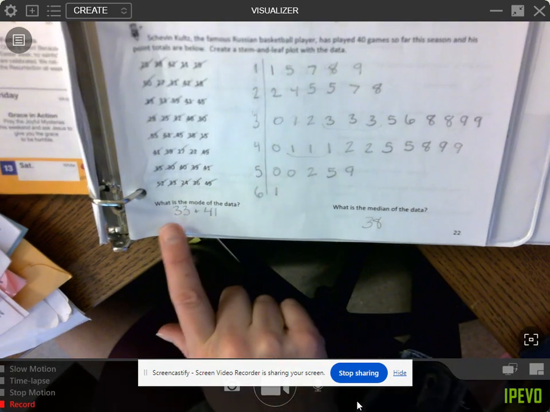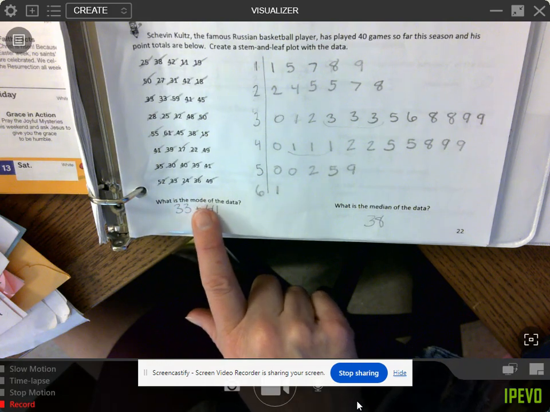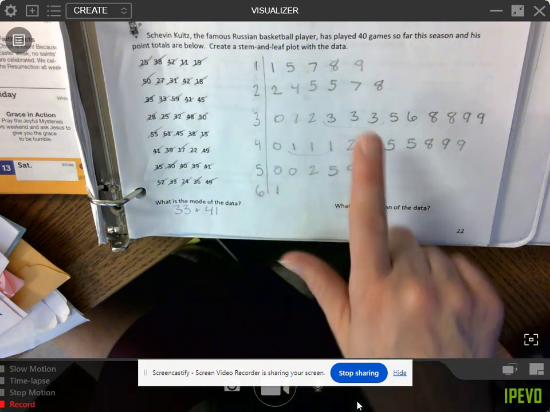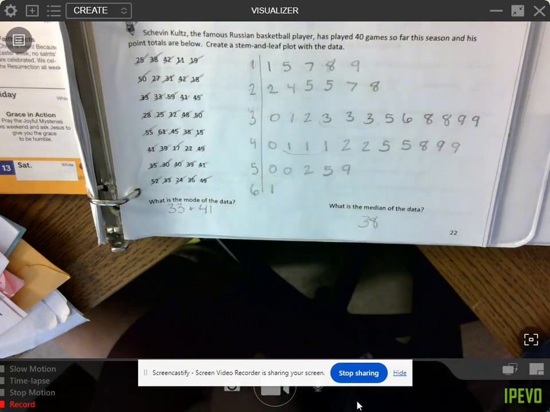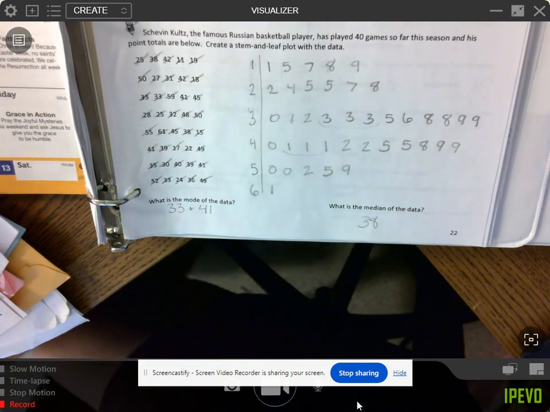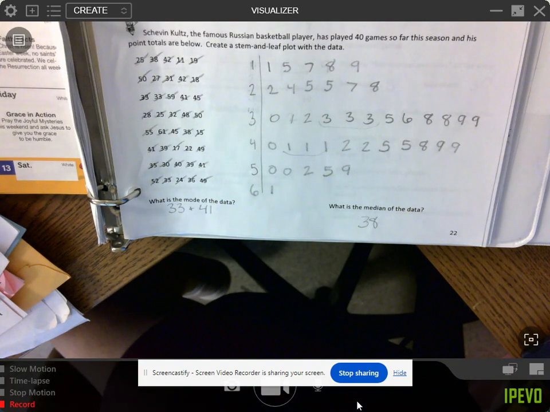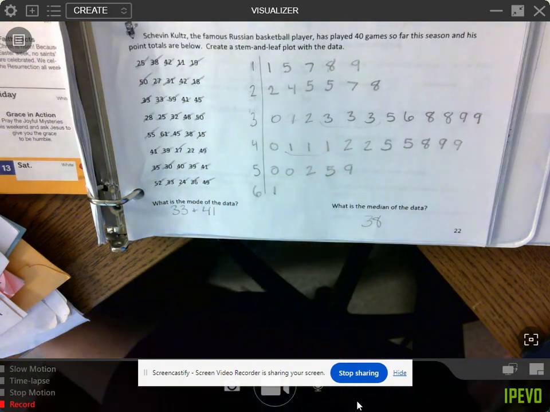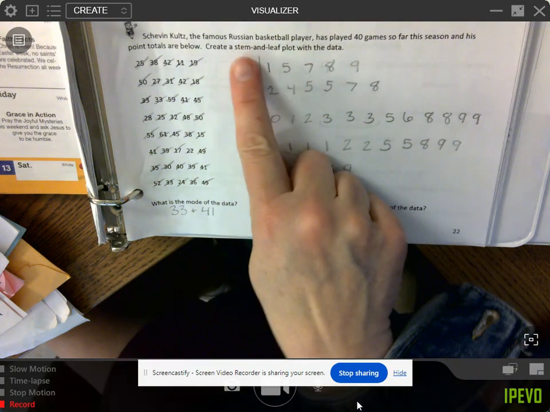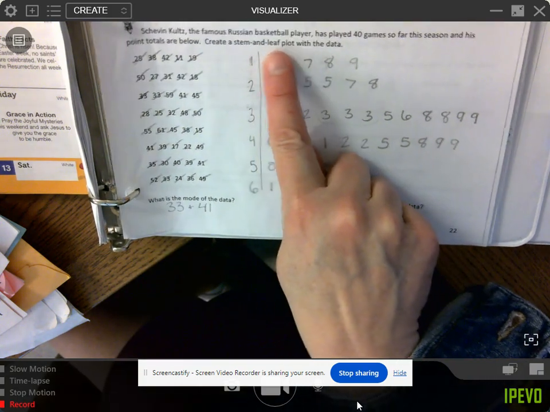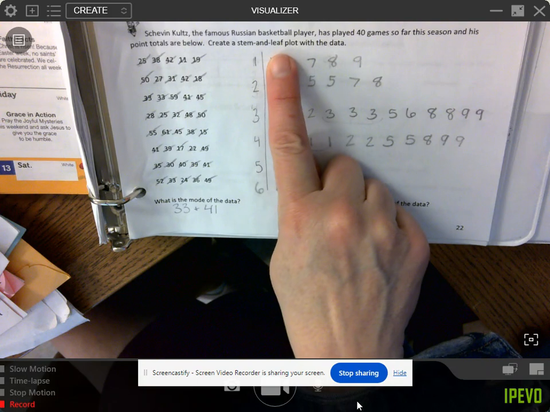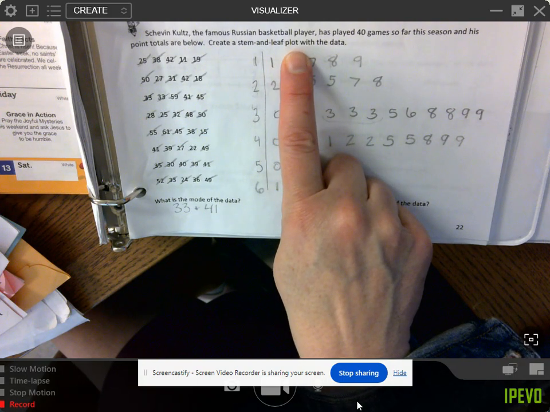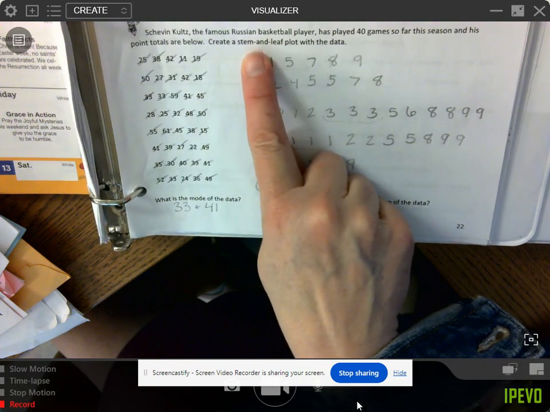Then we have to answer the question, what is the mode of the data? Can I put 5 for my answer? I saw a lot of us that had 5 for an answer. Is there a 5 in my data? No, there's not a 5, because that would have a 0 in the tens place and it would be listed with the 0 in that row.